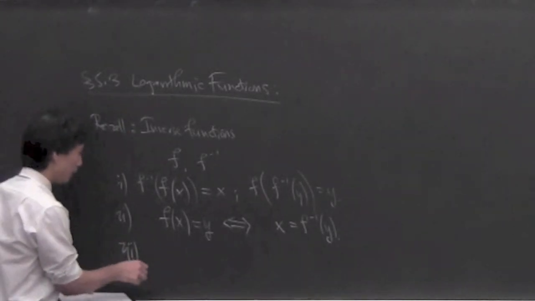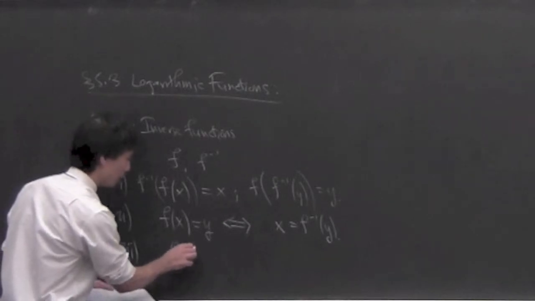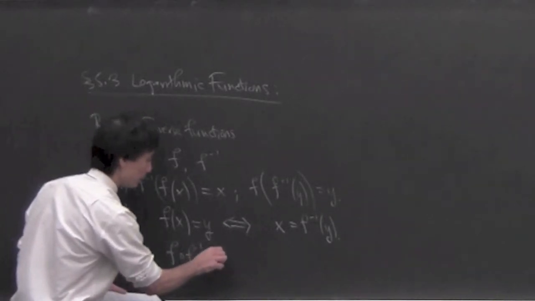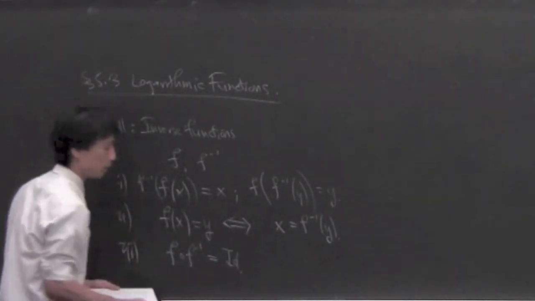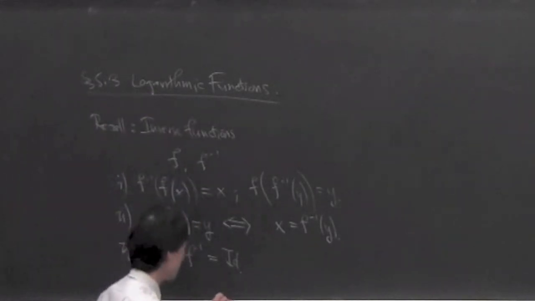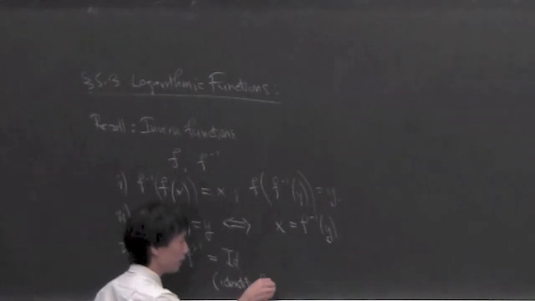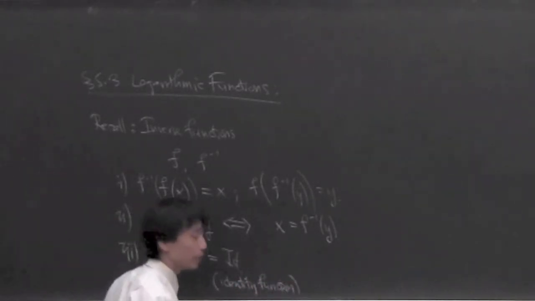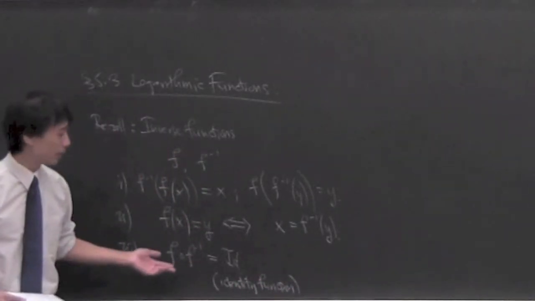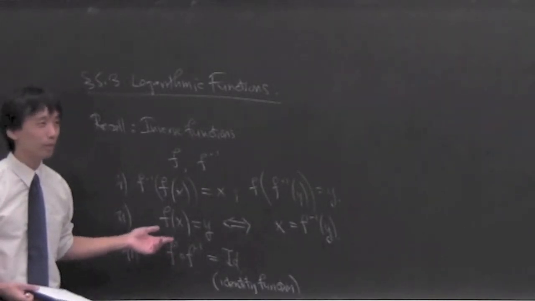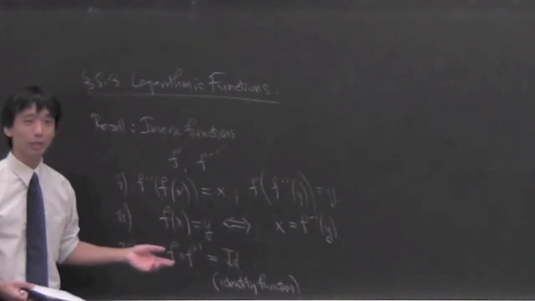Another way of saying it is to say that if you compose f and its inverse, then you get the identity function, which people write as ID sometimes. The identity function is just a function that doesn't do anything. You give it something and it hands it right back to you.